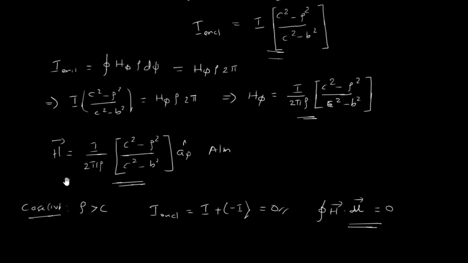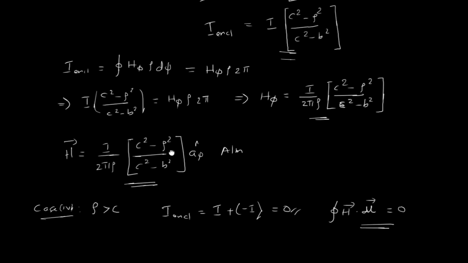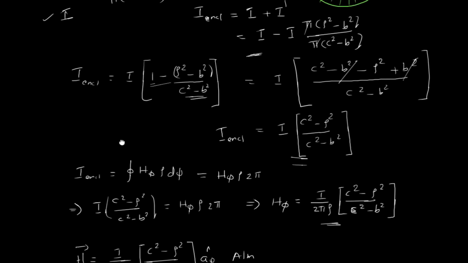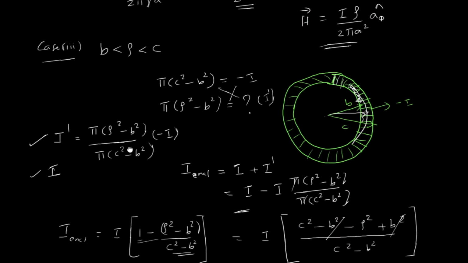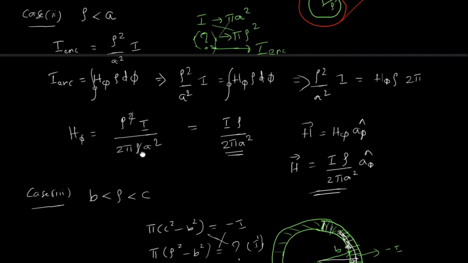So remember, if my point is somewhere inside the outer conductor, I have to use this expression for finding the magnetic field intensity. These dimensions will be known to you, the current will be known to you, and you can fix ρ based on the dimension of the coaxial cable and calculate H vector. In the second case, we considered the point inside the inner conductor.